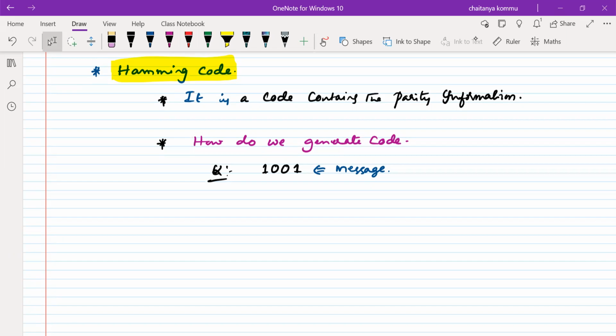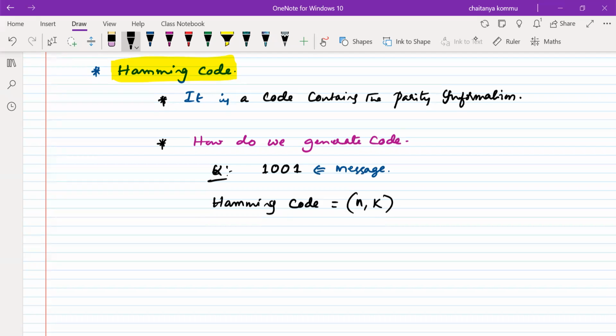All right. So in order to do this, Hamming code follows this structure. What is that? The (N, k) structure it follows.